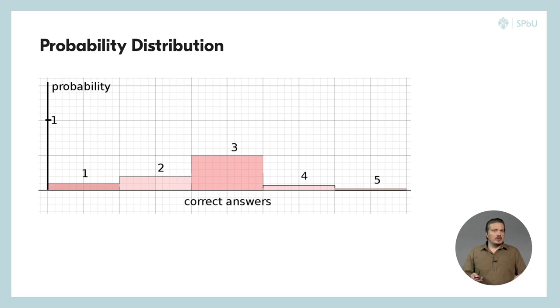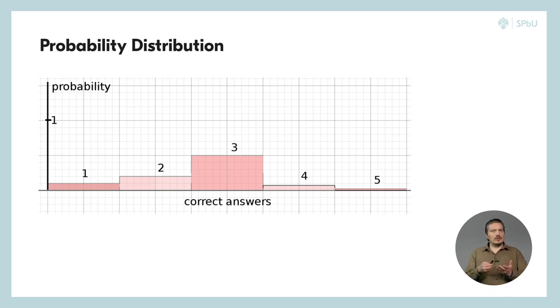Now, maybe one correct answer is all you got. This is not very likely, but possible, and you estimate the probability of this as 0.1. 2 correct answers, 0.2; 3, 0.5; 4 correct answers, 0.15; and the probability of all your answers being correct, you estimate as 5% or 0.05.